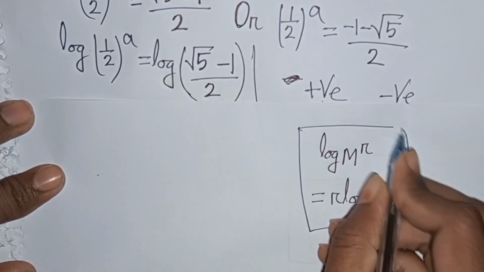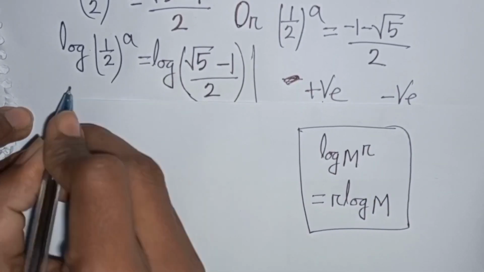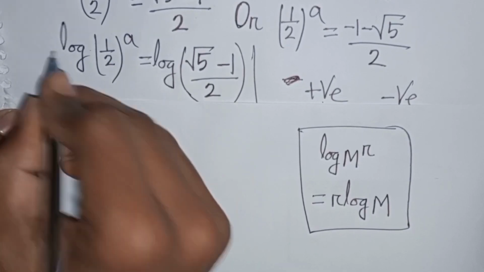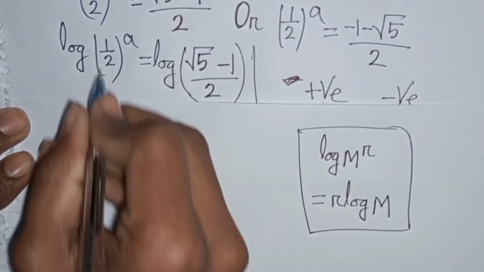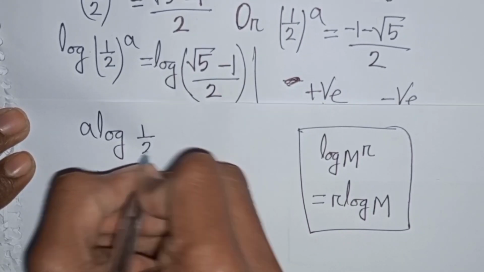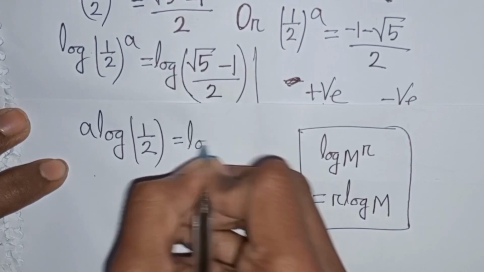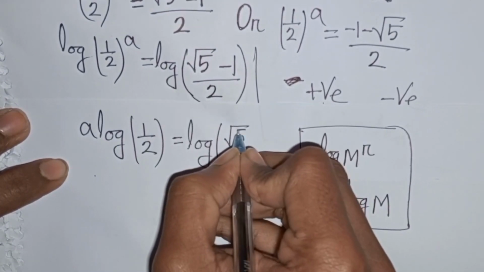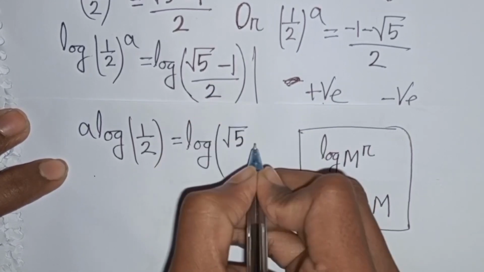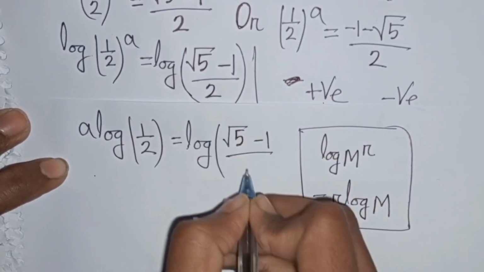That means this power r moves to the front. So this power a will move to the front. So you can write a log 1 by 2 is equal to log of square root of 5 minus 1 divided by 2.